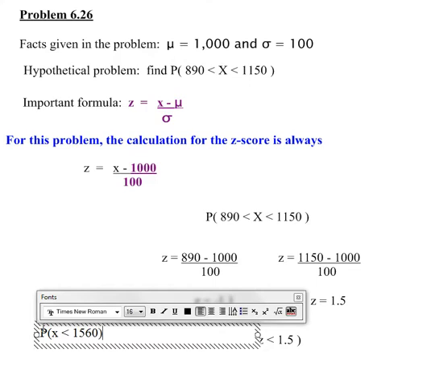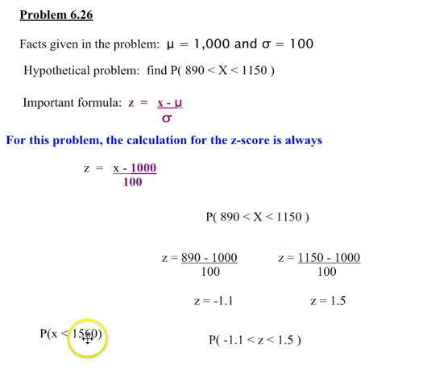If I were to ask you a problem like that, you would go directly to the z-score. You would go directly to this formula. Instead of using x of 890, I'd use 1560, and I'd take 1560 minus 1000 to get 560, divided by 100, which would give you 5.6. You want to know what is the probability that z is less than 5.6.